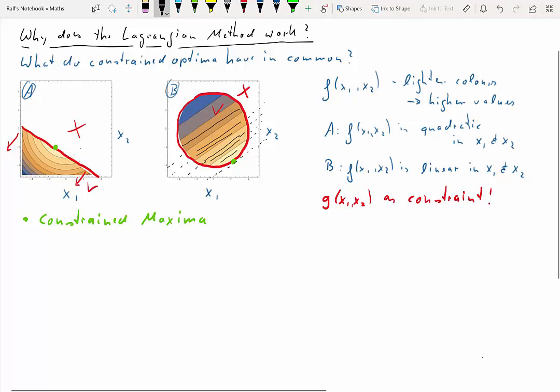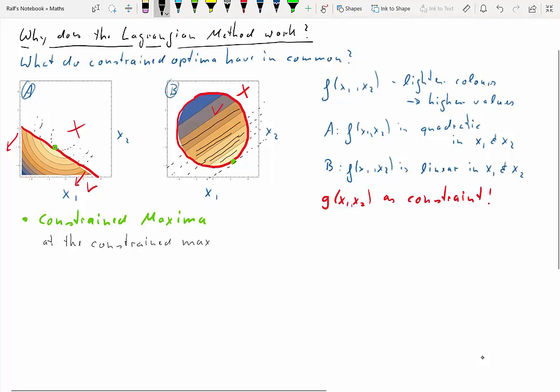So let's see whether that is a coincidence. Let's look at example A. Here these level curves continue in the constraint area as circles, and we have this one circle level curve, which you can't see but perhaps imagine, which touches the constraint exactly at the green point. And these green points, remember, are our constraint maxima.